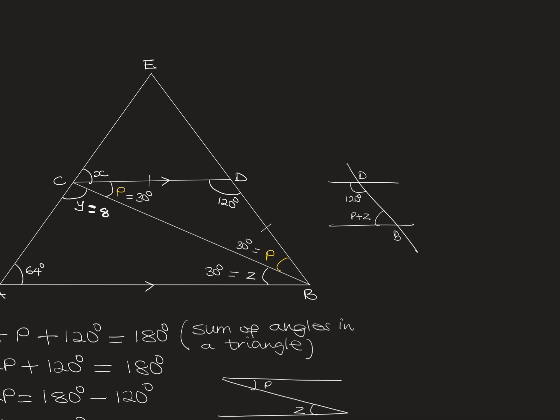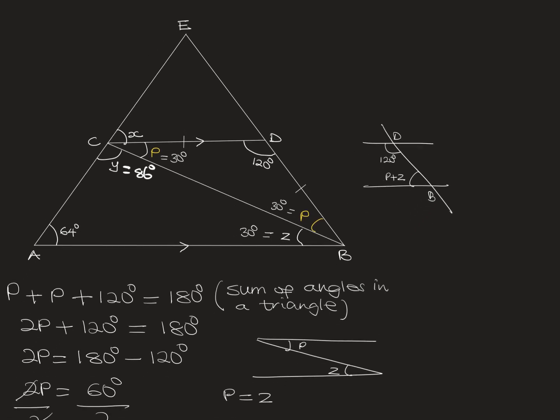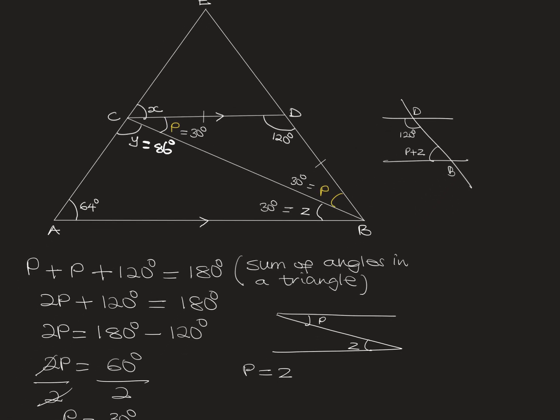It is 86 degrees. But then how can we find angle X? Well, if you want, you can say Y plus P plus X is equal to 180 degrees because of angles on a straight line.